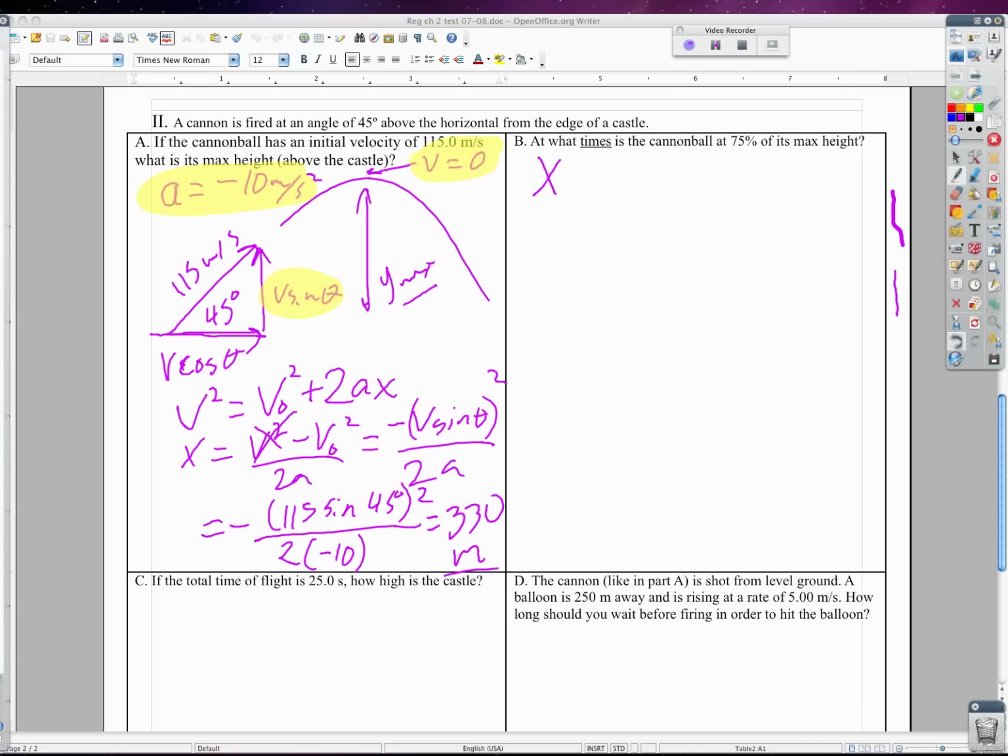And x is of course going to be 247. V0 is going to be 115 times 0.707, so that's like 78 or something. What is 115 times 0.7071? 81, look at that, I was off. So that's 81t, and then minus 5t squared.